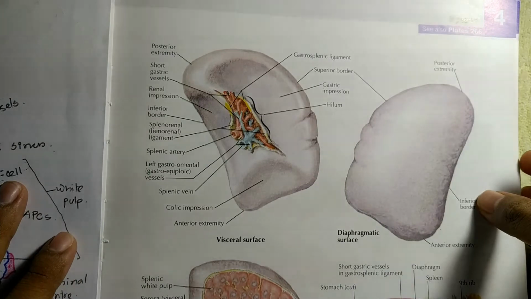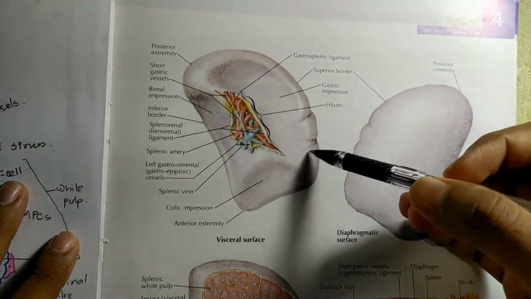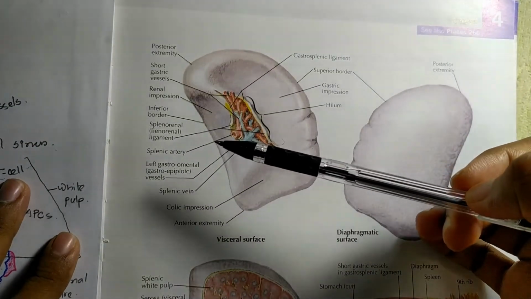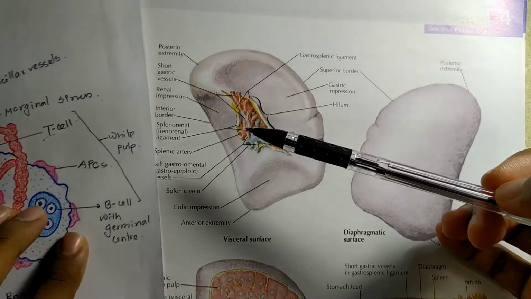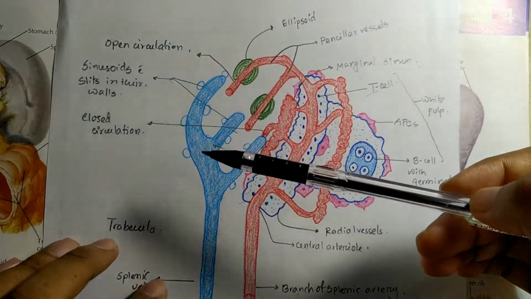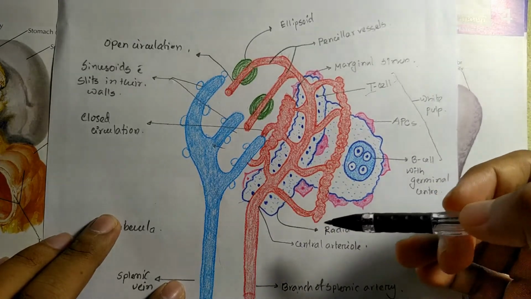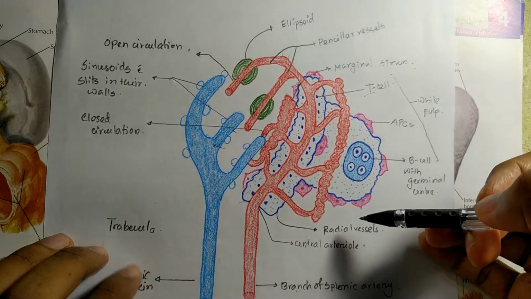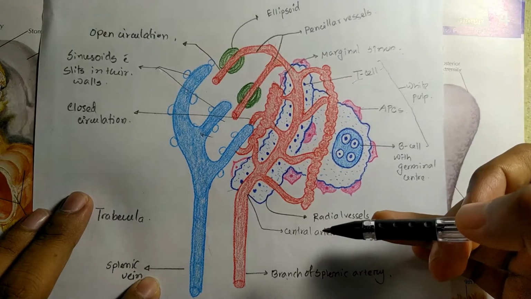So I hope you understand the relationships surrounding the spleen and its vascular structures, and importantly the splenic internal mechanisms of red pulp and white pulp, because the spleen is a very important organ for immunogenesis, it can produce immunity or give protection to the body, and it also acts as a reticuloendothelial system.